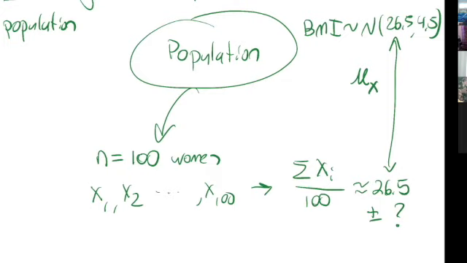But there's going to be some variation. If I pick 100 women randomly, I'll get a mean that should be about 26.5. Somebody else picks a different sample of 100 and will get a slightly different mean, but again, it should be pretty close to 26.5.